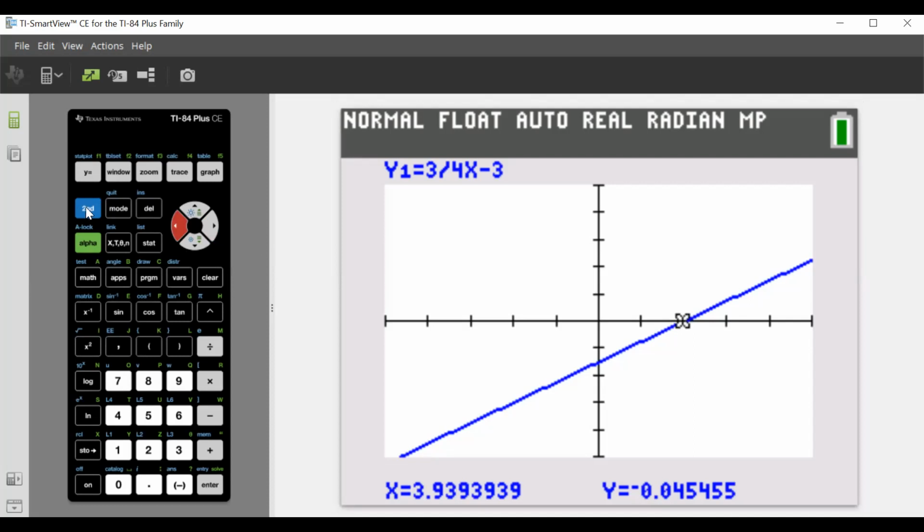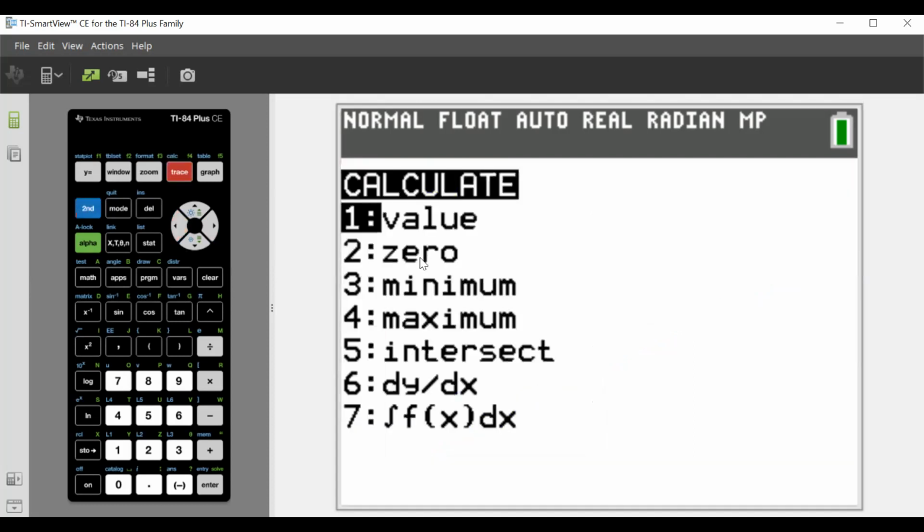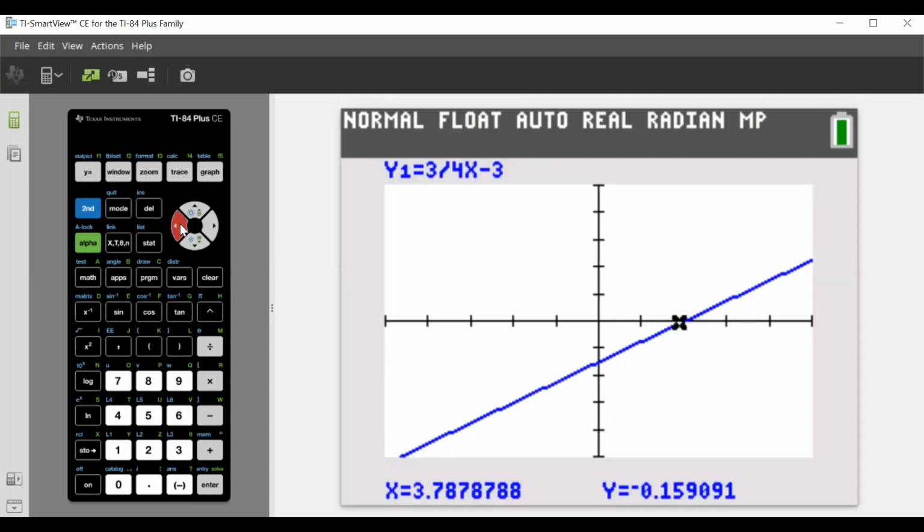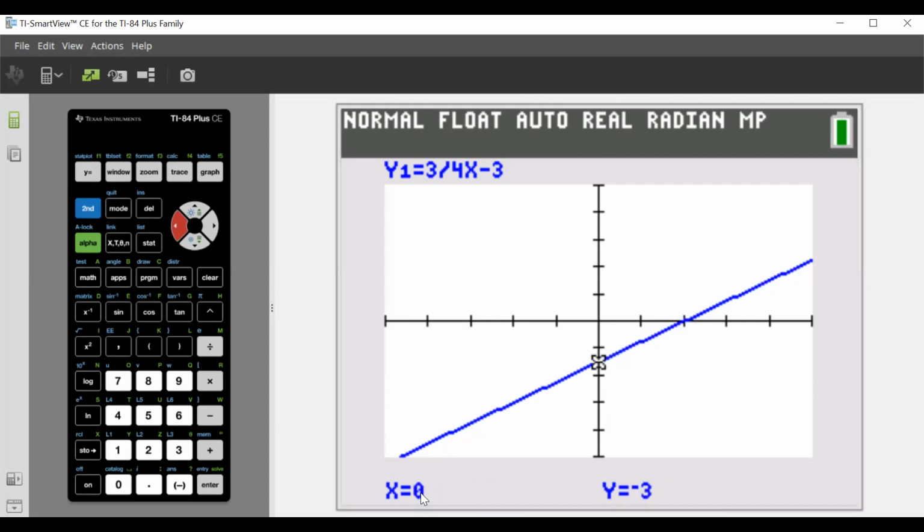And so that's where you're going to actually have to use that zero function. So sometimes you're going to have to use the zero and the value. Sometimes you can just use the trace and arrow around, and it tells you, okay, well, x equals 0, which is what we need, then we get the -3. So those are some functions that we can use for our calculator.